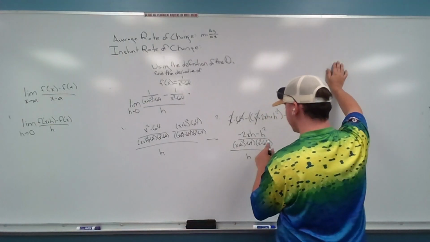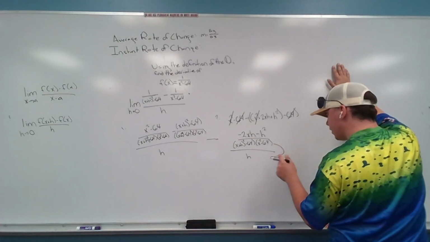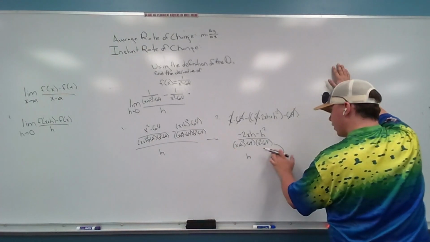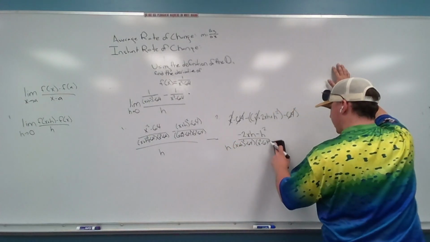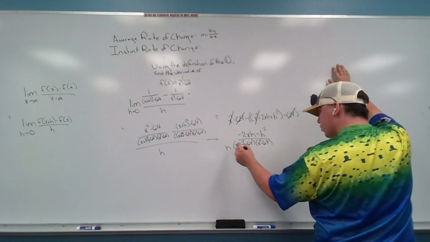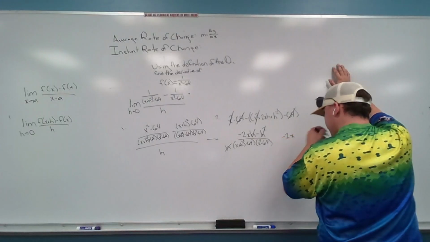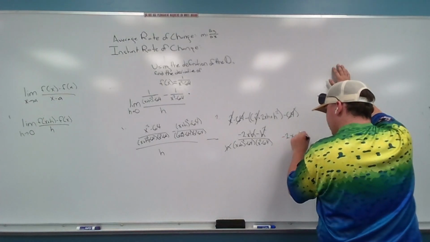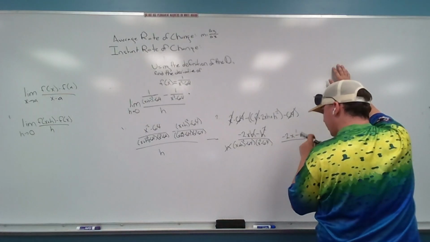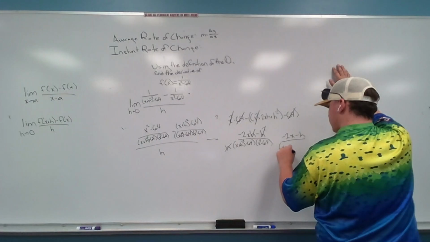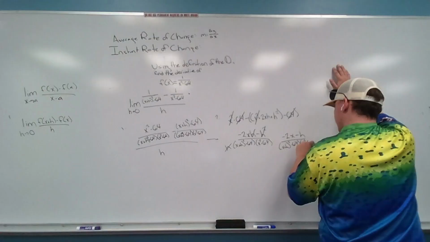So what we can technically do is, using our algebraic rules, we can take this denominator, move it down here, multiplying that. And what we can do now is cancel out h. So h, h, h. So negative 2x minus h over (x plus h) squared minus 64 times x squared minus 64.